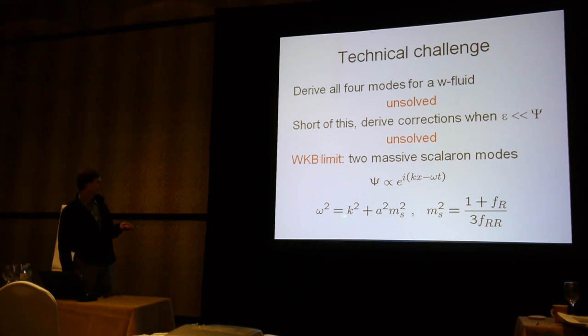This is written in comoving coordinates, so that t should be tau. Sorry about that, conformal time. And that's why there's this a squared. And this m_s is the mass squared of the scalaron field. This has been known in the literature for a number of years, this result.